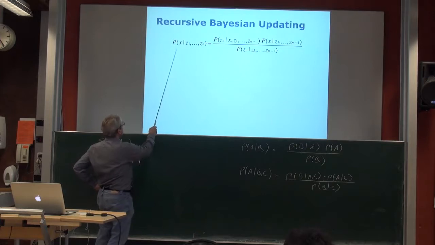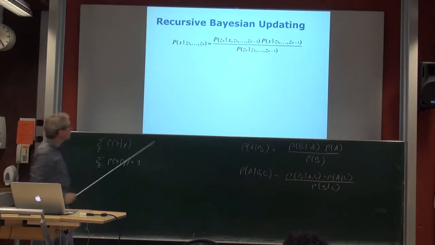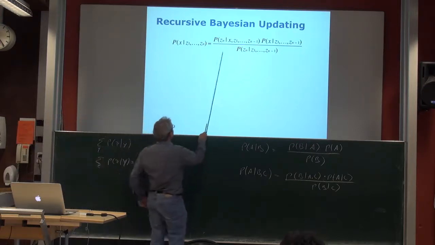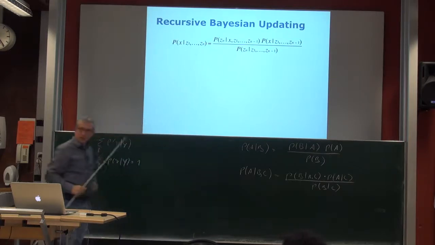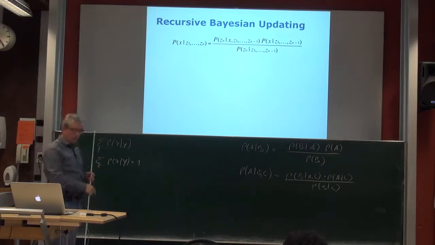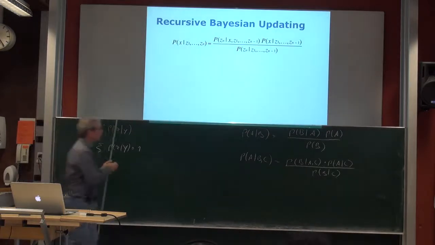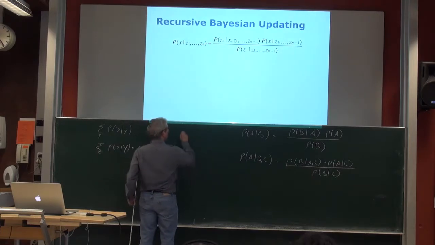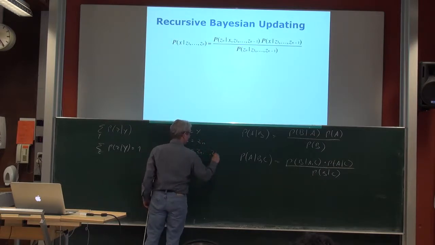But this is all you need to know. It looks super complicated, but behind it is just a textual replacement trick. Recursive Bayes updating. We are interested in estimating the state of the door given n measurements, P of x given z1 to zn. The part over here is a sequence of measurements. And the replacement I ask you to do is nothing else but, in this equation, A equals x, B equals zn, and C equals z1 to zn minus 1.